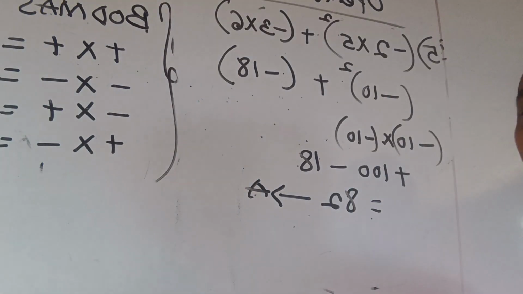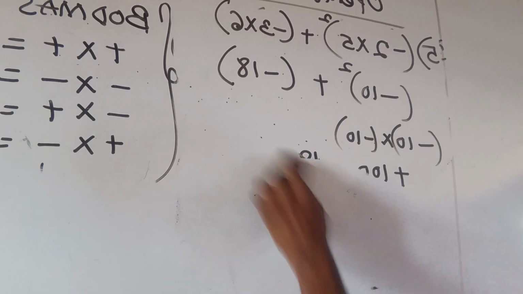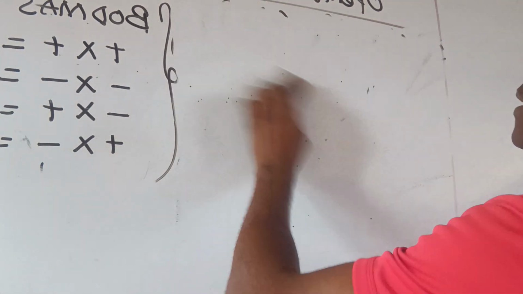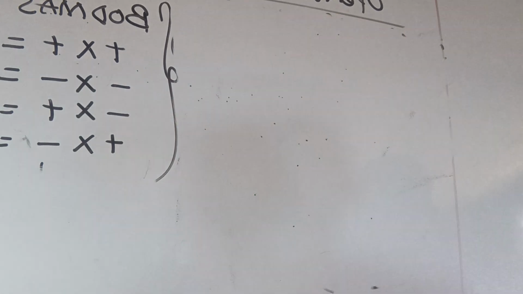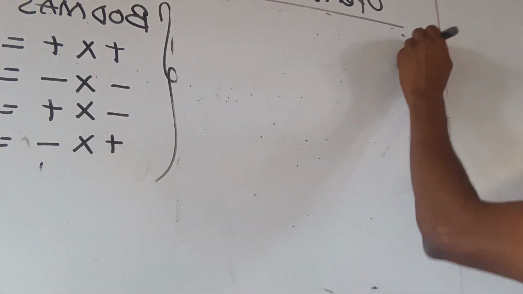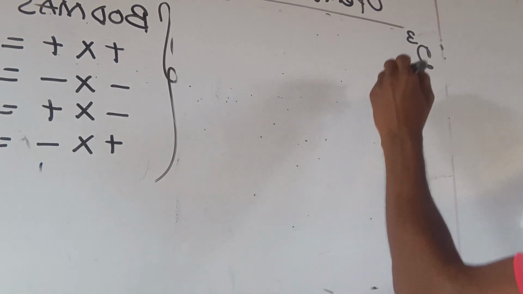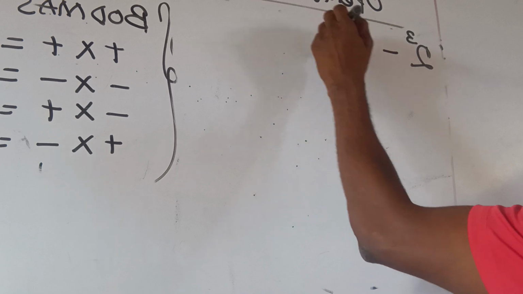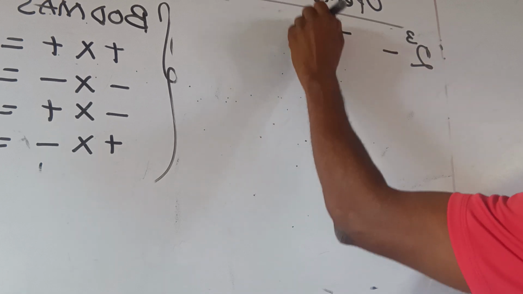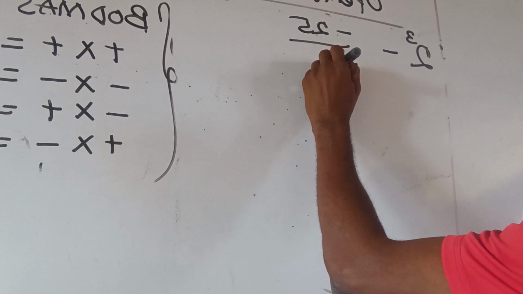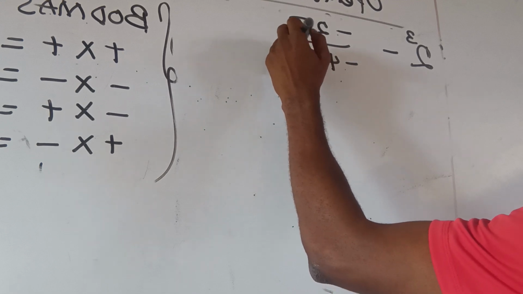Let me clean the board. Question 6 says 2 raised to power 3, that's 2 cubed, minus, then minus 25 over minus 4 plus 9.